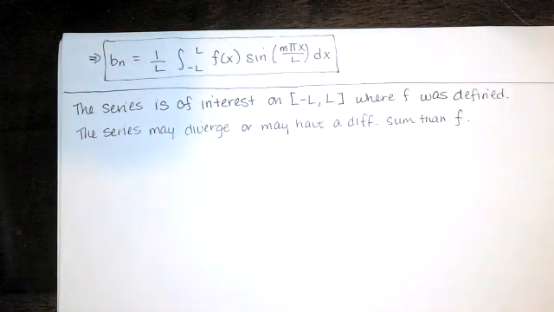Let's talk about when we would expect the series to converge to f at some x values and what that would converge to. In order to get there, we need a couple of definitions.